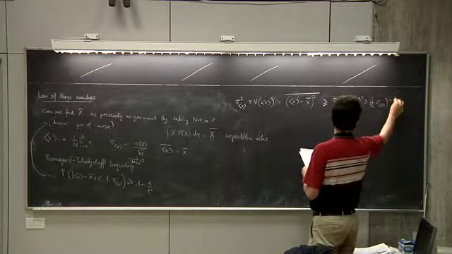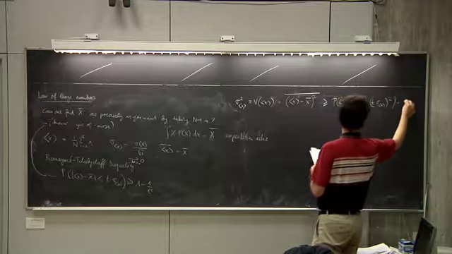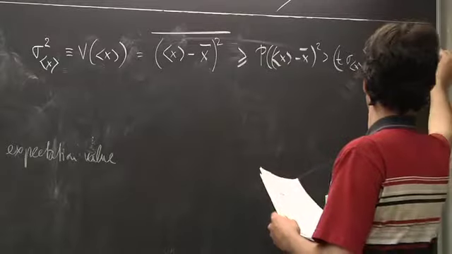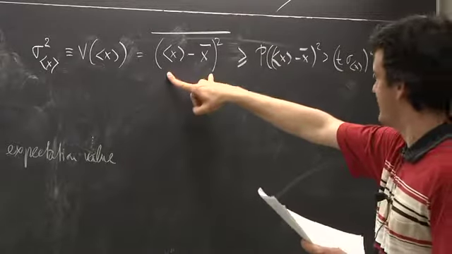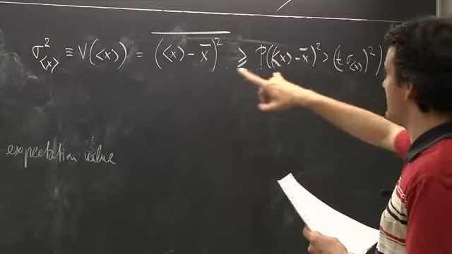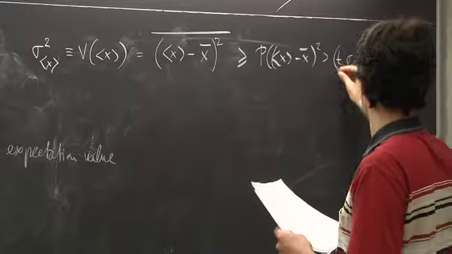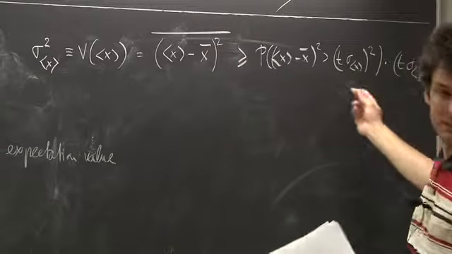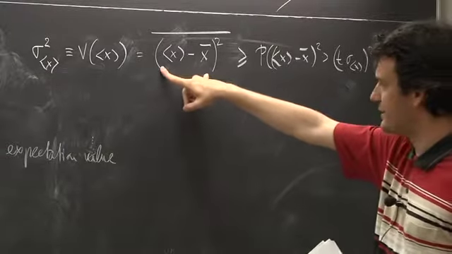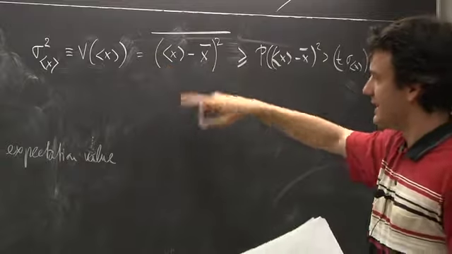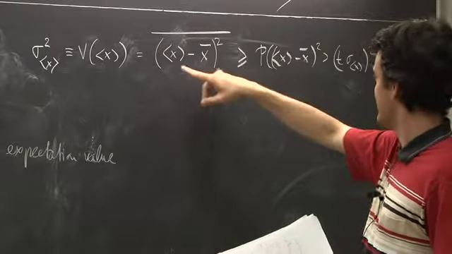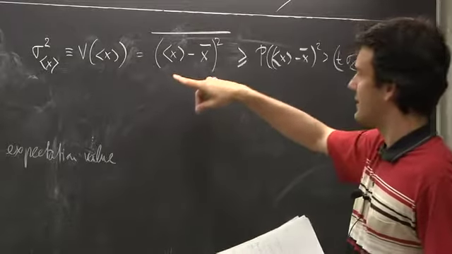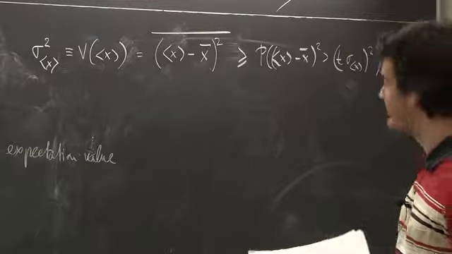Times the value of this deviation. Okay. So this is certainly bigger than the probability that this is bigger than this object here times the value of this object. That's very tricky. This is always positive. So if I take the expectation value of something positive, it is certainly bigger than if I take just those values where this is bigger than something.